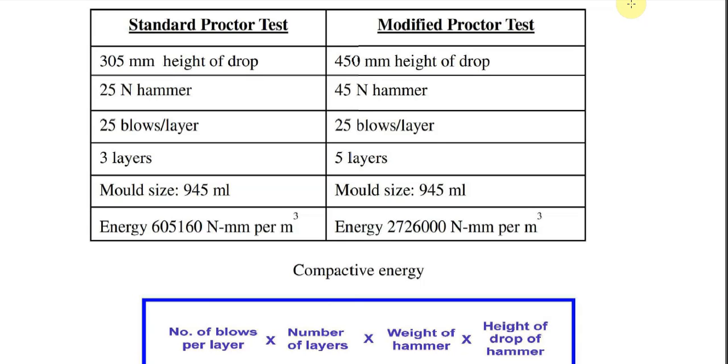And we are using 25 Newton rammer, or 2.6 kg in SPT, and in MPT we are using 45 Newton hammer or 4.6 kg hammer. The mold size and number of blows given to one layer are the same in both cases, but the energy given in modified Proctor test is more. It is approximately 4.5 times that of standard Proctor test.